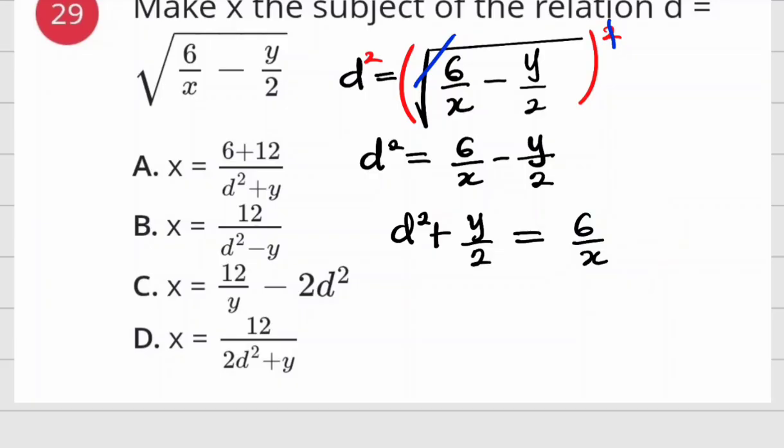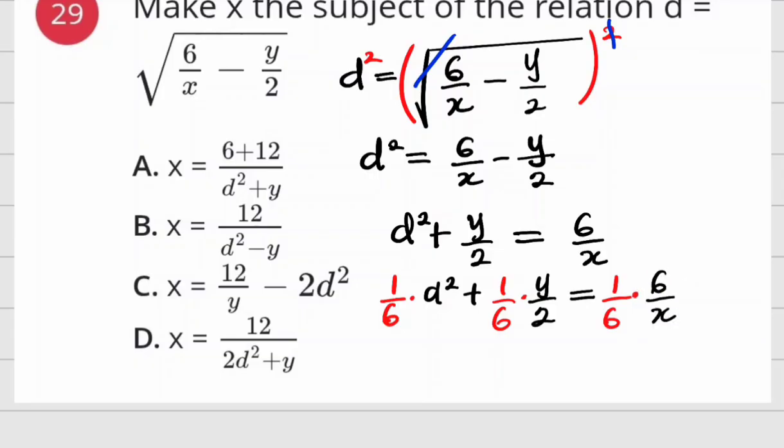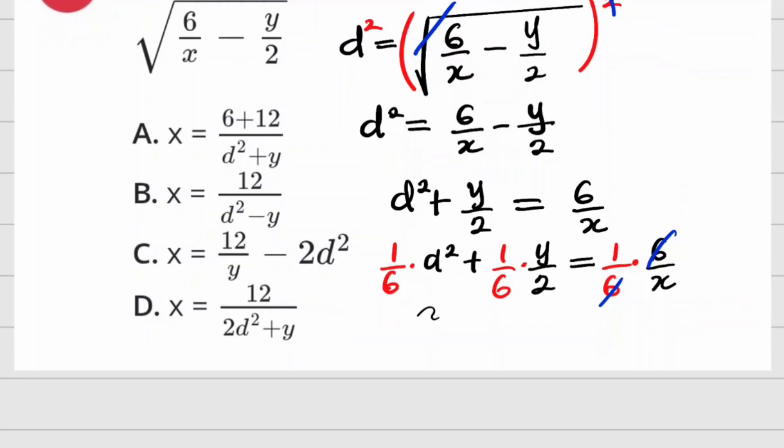So when you multiply through by 1 over 6, that is 1 over 6 to multiply d squared plus another 1 over 6 to multiply y over 2 is equal to 1 over 6 to multiply 6 over x. So we can see that this will undo this. So here we have d squared over 6 plus y over 12 is equal to 1 over x.